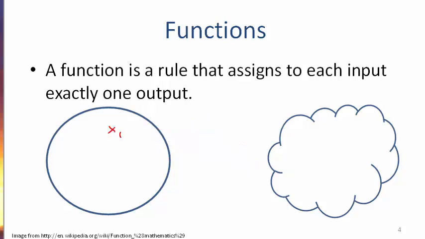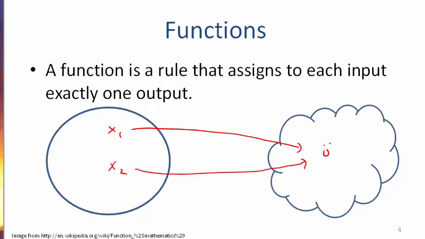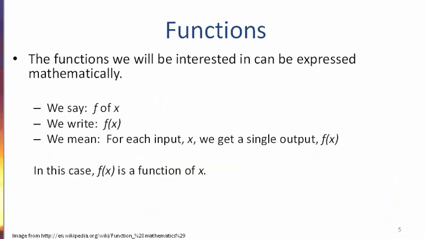However, I could have two values over here, x1 and x2, that go to the same value. That's okay. I can have two of my inputs go to the same output, but I cannot have one input going to more than one output. That's what this "exactly one" is talking about.